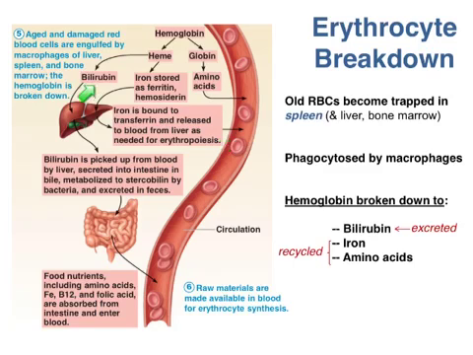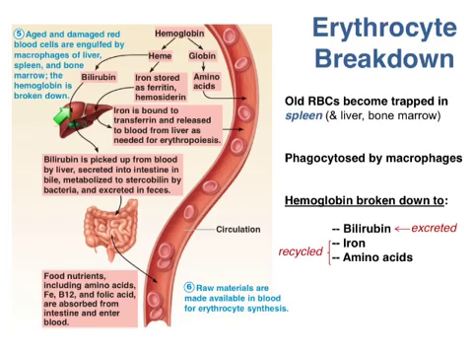Bilirubin, the rest of the heme group, is actually excreted. Okay, so bilirubin is processed in the liver. It's picked up from the blood, and then the liver puts bilirubin into bile.